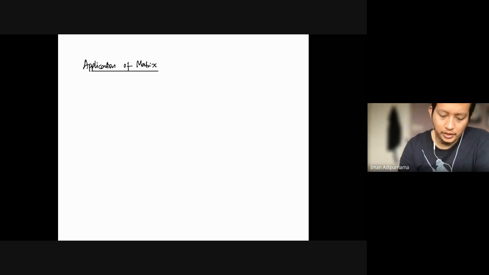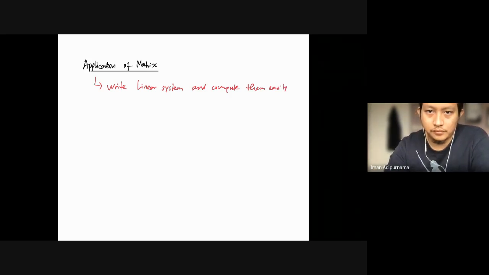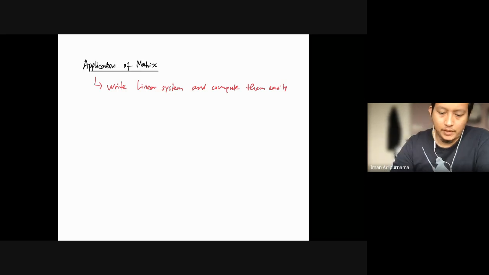Of course, we can write a linear system and compute it easily.